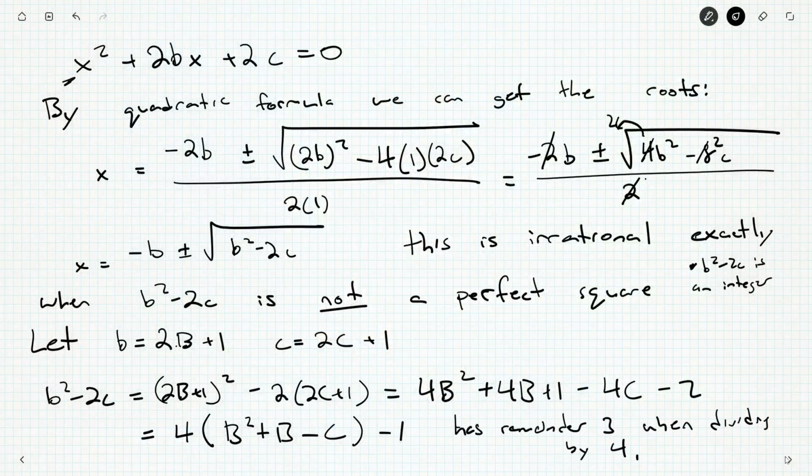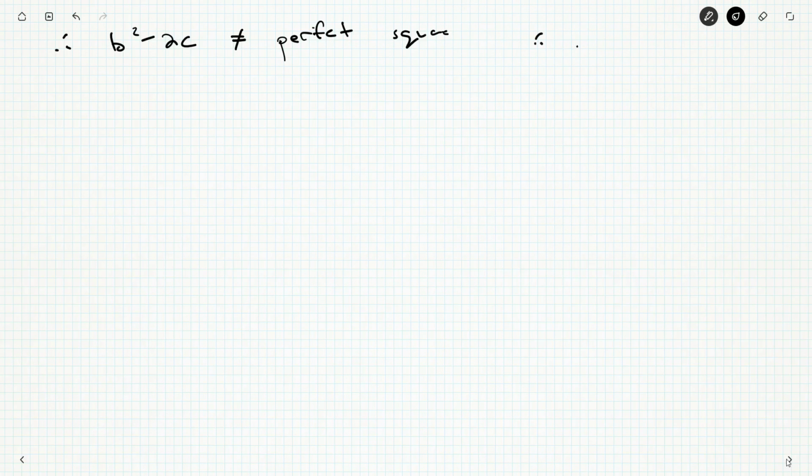Okay, and I'll even show you why this works. But that way I can conclude b squared minus 2c is not a perfect square. Therefore, no rational roots, which is what we were asked for.